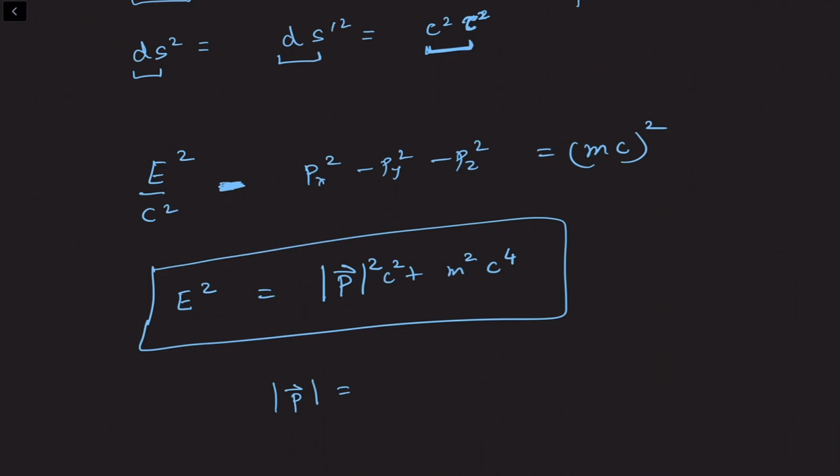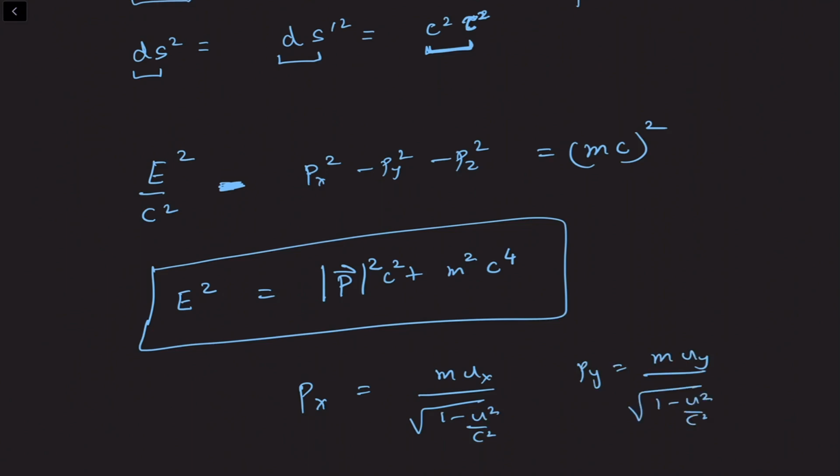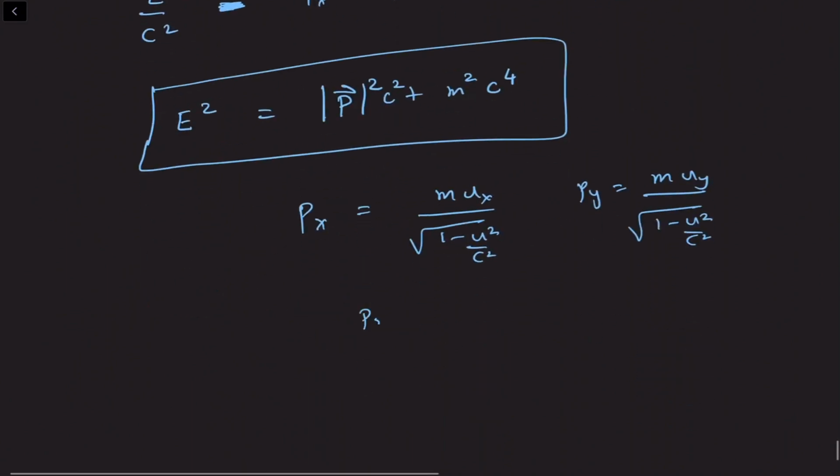So that is, if I take p_x, that would be m times u_x over the square root of 1 minus u squared by c squared, and so on for p_y and p_z.